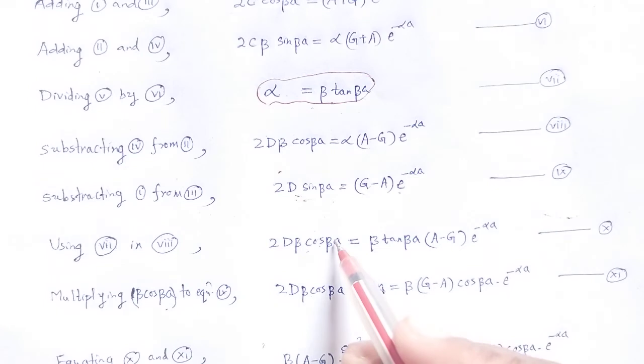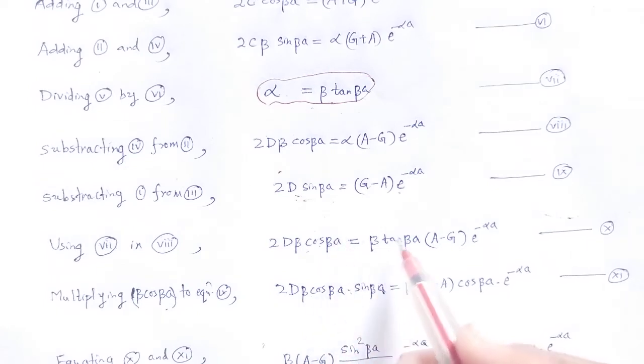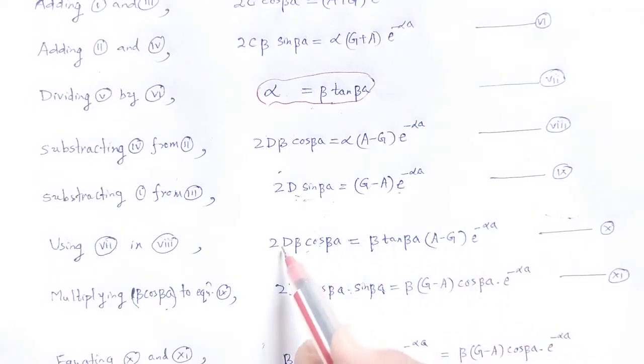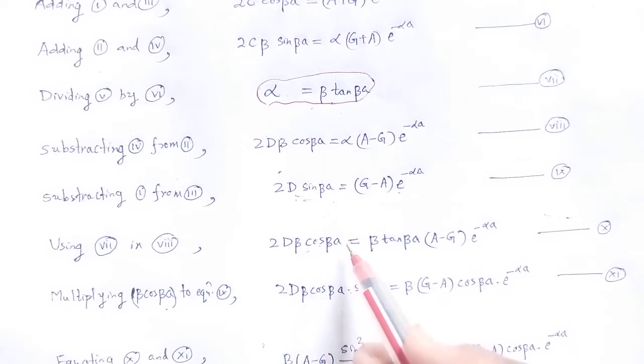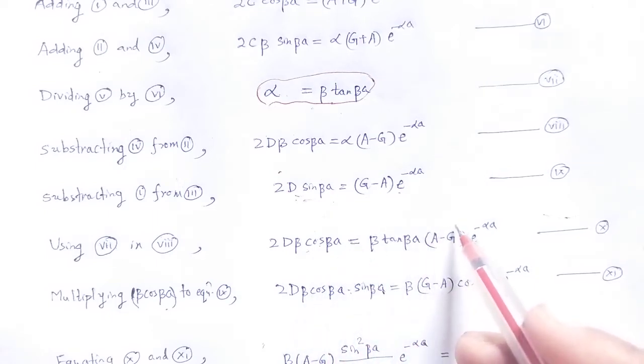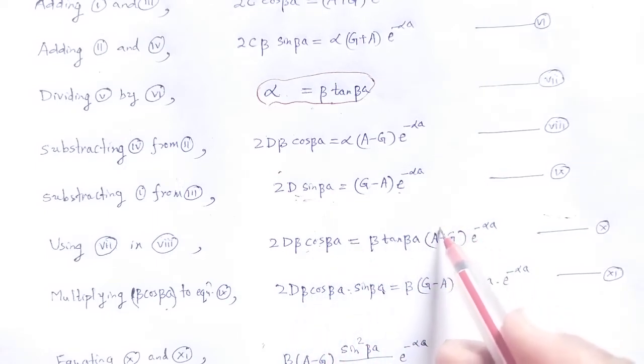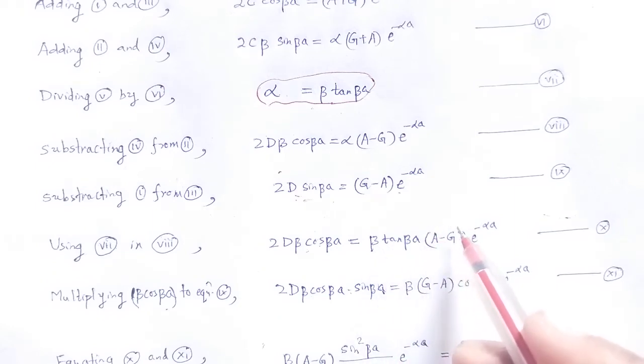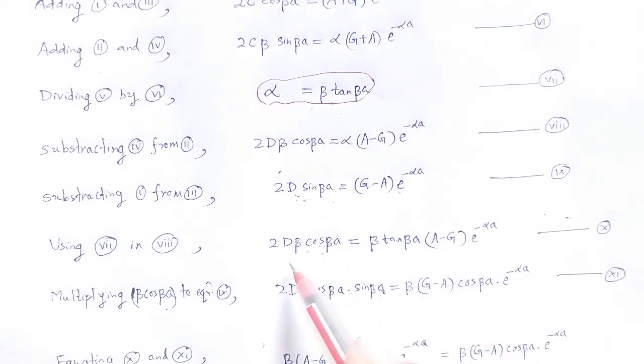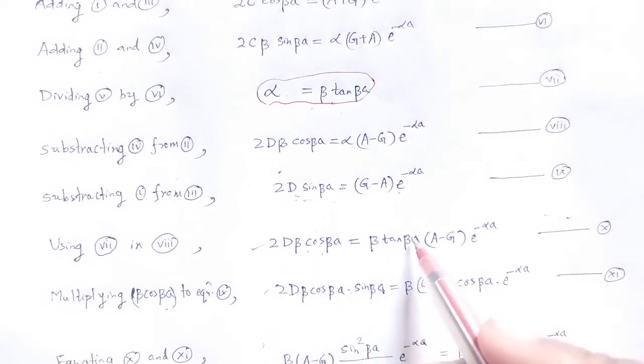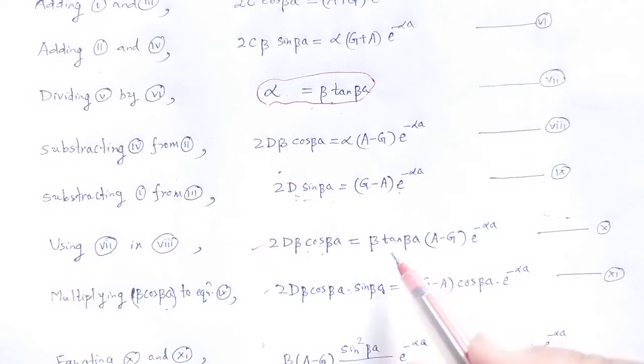When we multiplied sin beta a on both sides, that will be 2d beta cos beta a into sin beta a, and inside that RHS we have sin square beta a. Look at these two equations, the LHS of these two equations will be same when we expand tan beta a as sin beta a by cos beta a.